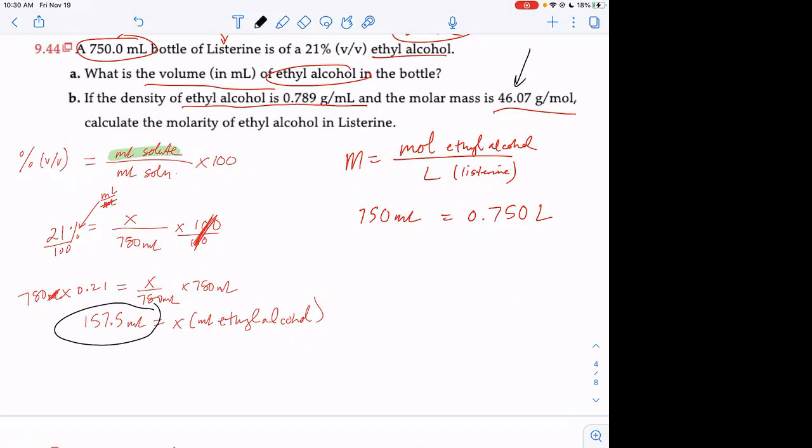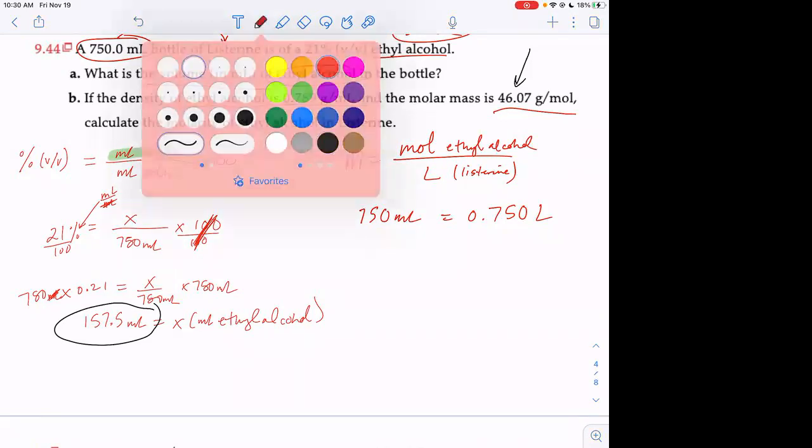You use the density as a conversion factor. You take the 157.5 milliliters and convert to grams using density. The density tells you it's 0.789 grams for every 1 milliliter of ethyl alcohol, so you cancel milliliters and convert to grams. Then you take the molar mass, cancel grams, and convert to moles. So two steps here to get moles, which is why this problem is challenging.